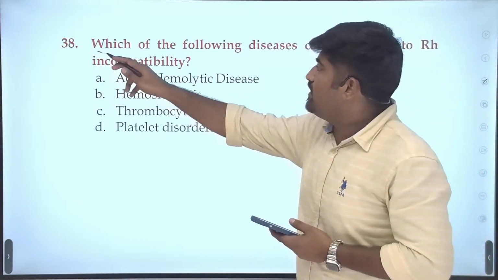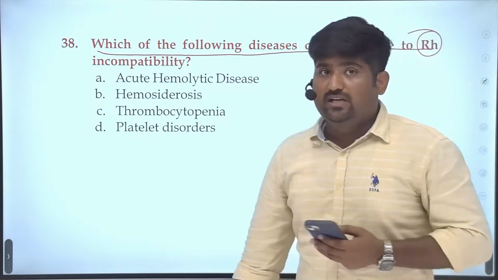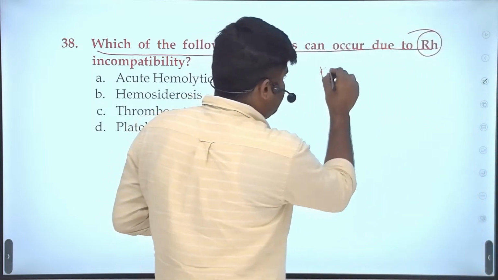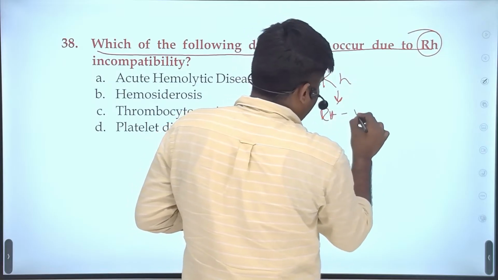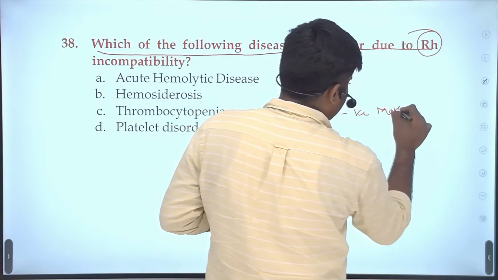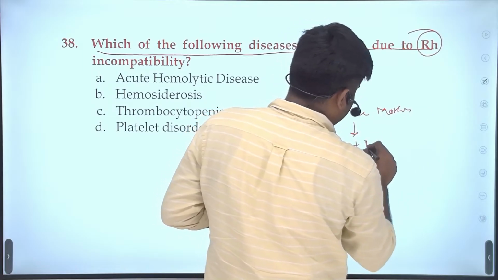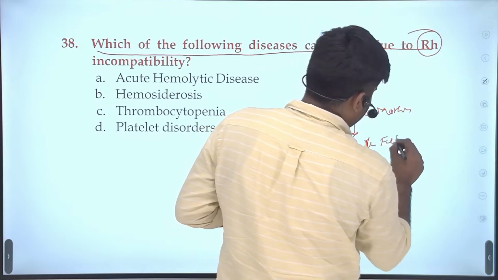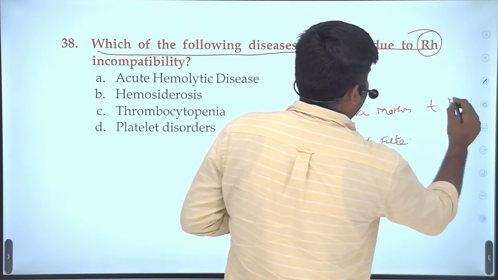Next question: which of the following diseases can occur due to RH incompatibility? First remember, RH incompatibility occurs if an RH negative mother gives birth to an RH positive fetus, with an RH positive father.